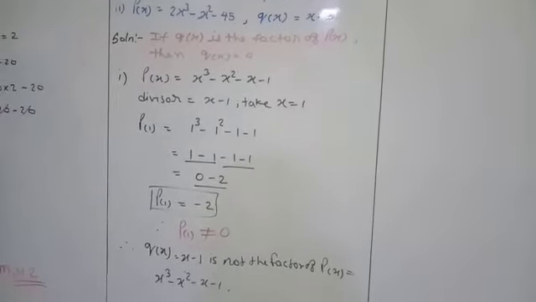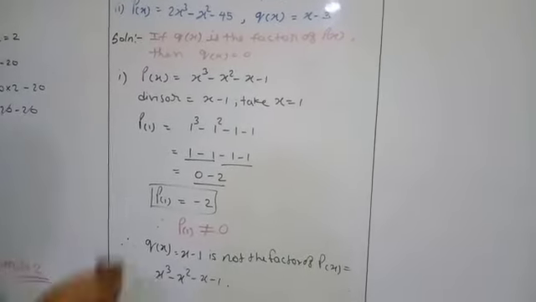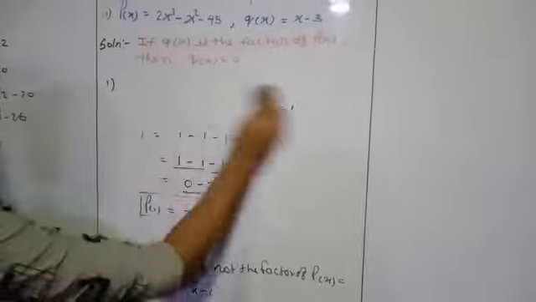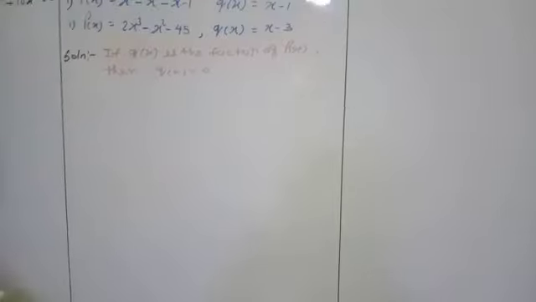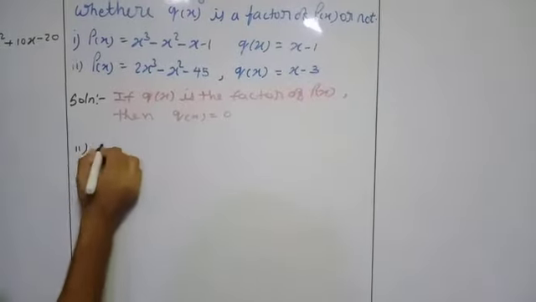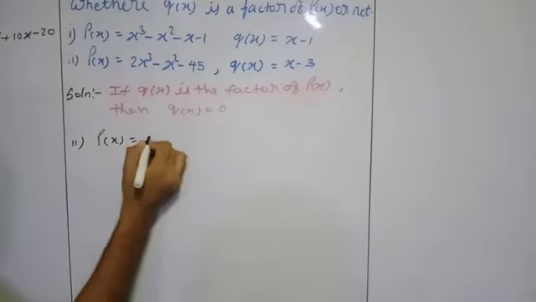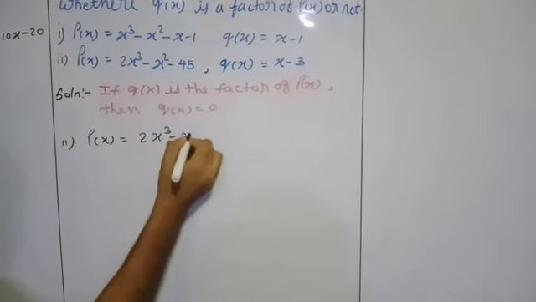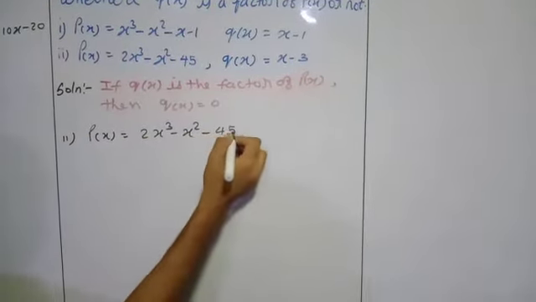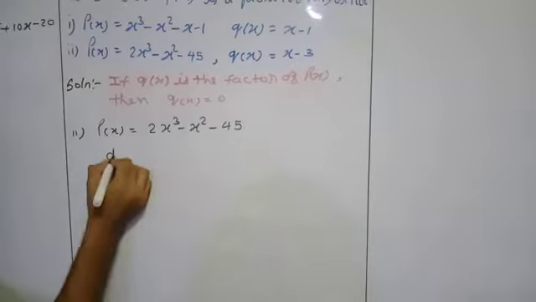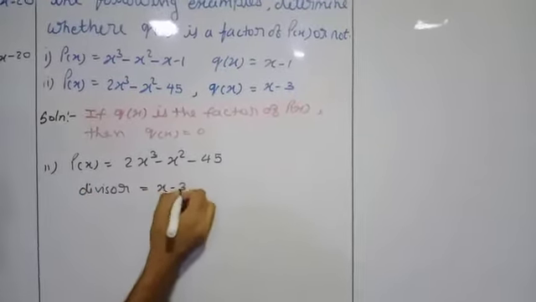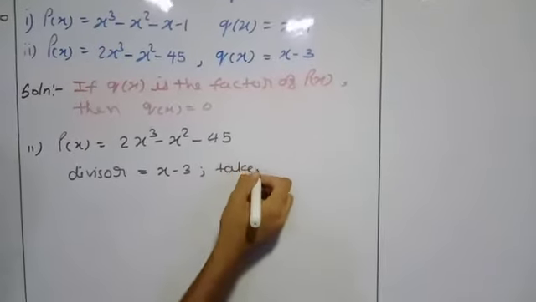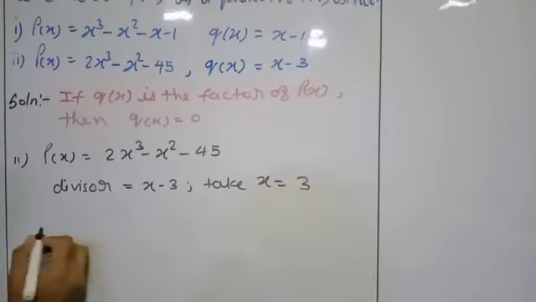Now we have one more sum. Let's do it. The second sum: here we have p(x) is equal to 2x cube minus x square minus 45. The divisor is equal to x minus 3. Take x is equal to 3.